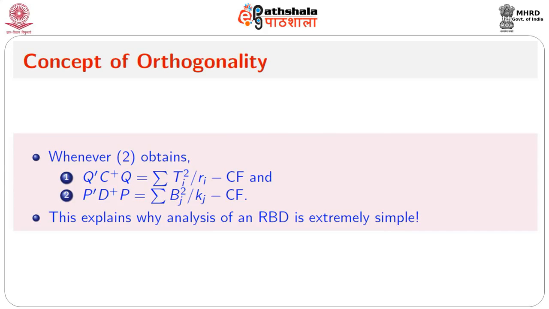And when this obtains, as you saw earlier, the expression for the treatment sum of squares reduces to a simple expression like this, and the expression for the block sum of squares becomes like this, as if there is no difference between adjusted and unadjusted. Whatever is adjusted remains as unadjusted, whatever is unadjusted remains as adjusted, because of orthogonality of the two kinds of estimates. This explains why analysis of an RBD is extremely simple.